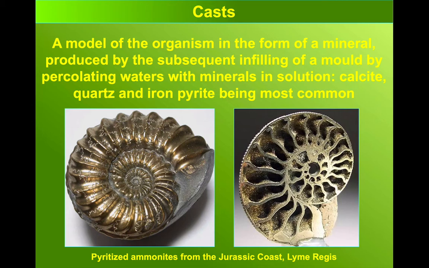And we can see different minerals that get deposited in these moulds to fill up the original cavity left by the shell to create a cast of the fossil. There are several different minerals where we see this.